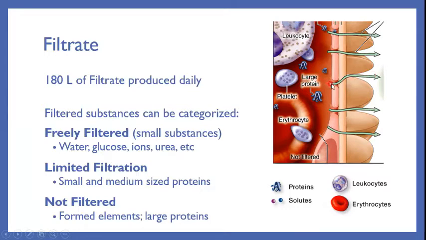Sometimes they can just manage to squeeze through that basement membrane and the filtration slits. Whereas these large proteins and all of our formed elements like white blood cells and red blood cells and platelets are not going to ever be able to squeeze through those membranes. So you should not see those in the filtrate.